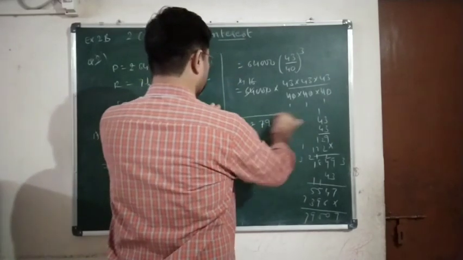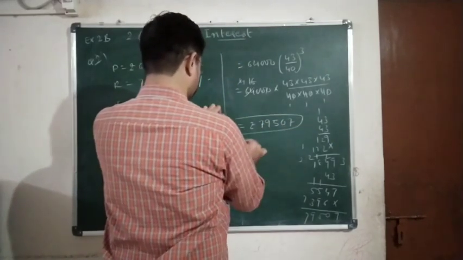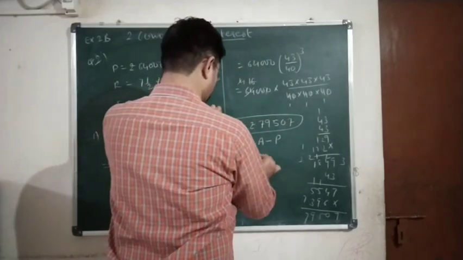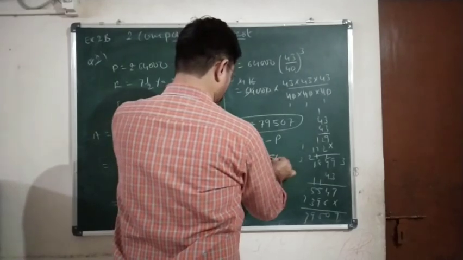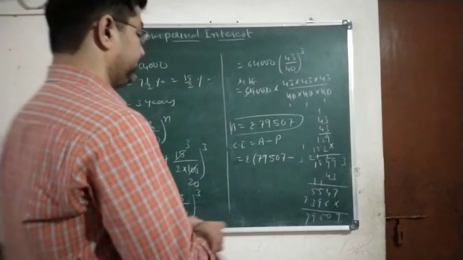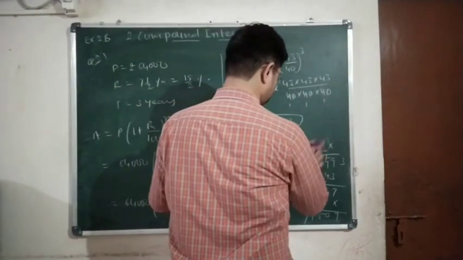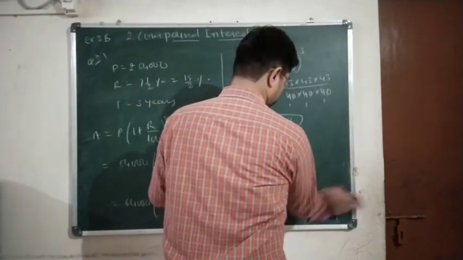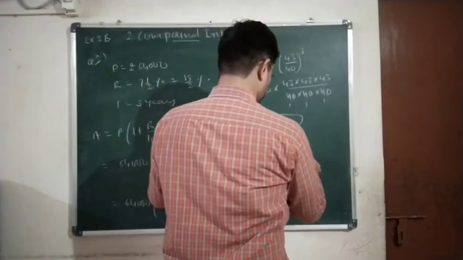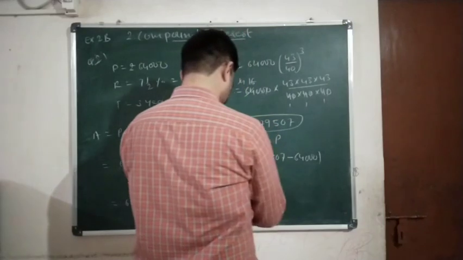79,507 is the amount, and therefore CI is equal to A minus P, which is equal to 79,507 minus 64,000.